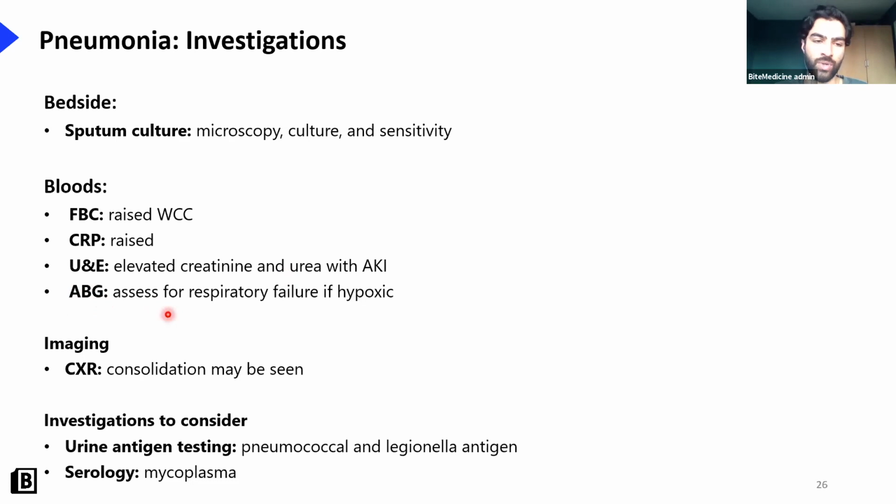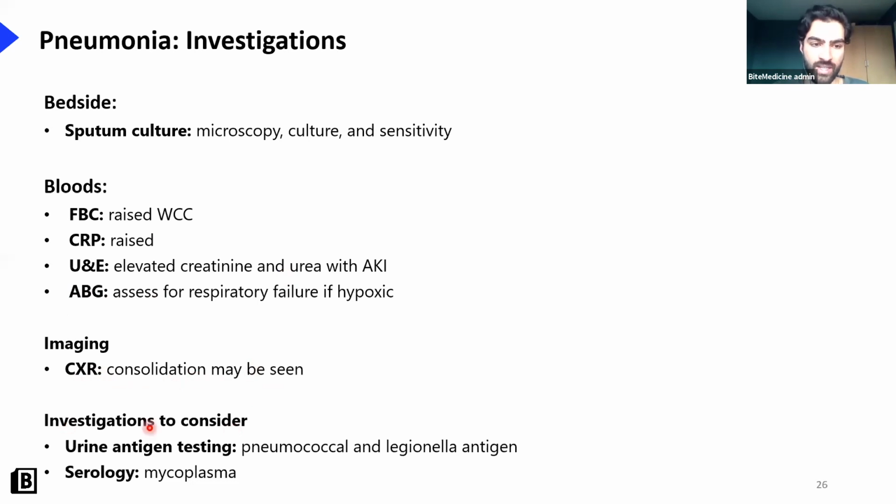And of course, the staple of pneumonia, if they come to hospital, is to do a chest x-ray. You may see consolidation, particularly for typical pneumonias. In atypical pneumonias, they may not actually develop any consolidation because remember, a lot of that inflammation is not happening in the alveoli, but in the interstitium. So with atypical pneumonias, they may or may not get consolidation.